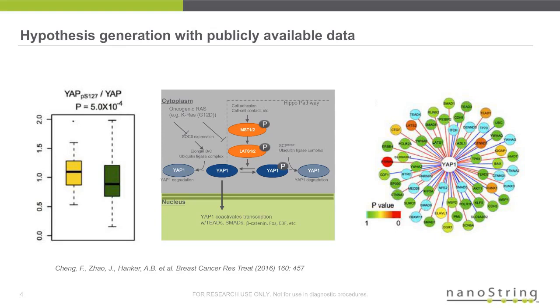And then they looked at that phosphorylation, and they looked at genes whose expression either correlated or was anti-correlated with phosphorylation of YAP1. So in that way, they could learn a lot more about the biology by both looking at protein phosphorylation and gene expression at the same time.